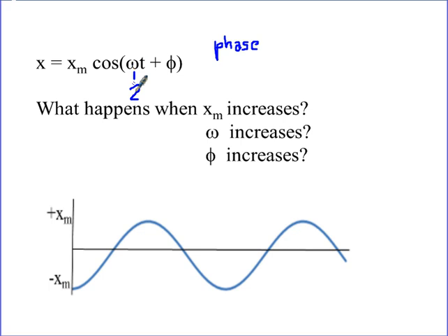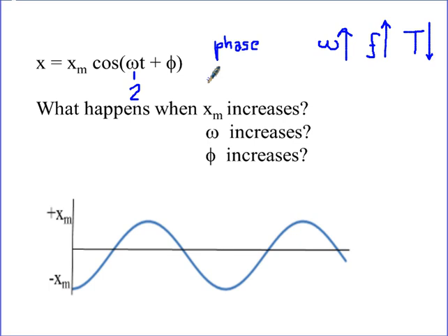But if omega was equal to 2, it would get through a full cycle in just pi seconds. So by making omega bigger, you have made the frequency bigger. But in terms of this graph, what we need to recognize is that you have made the period smaller.